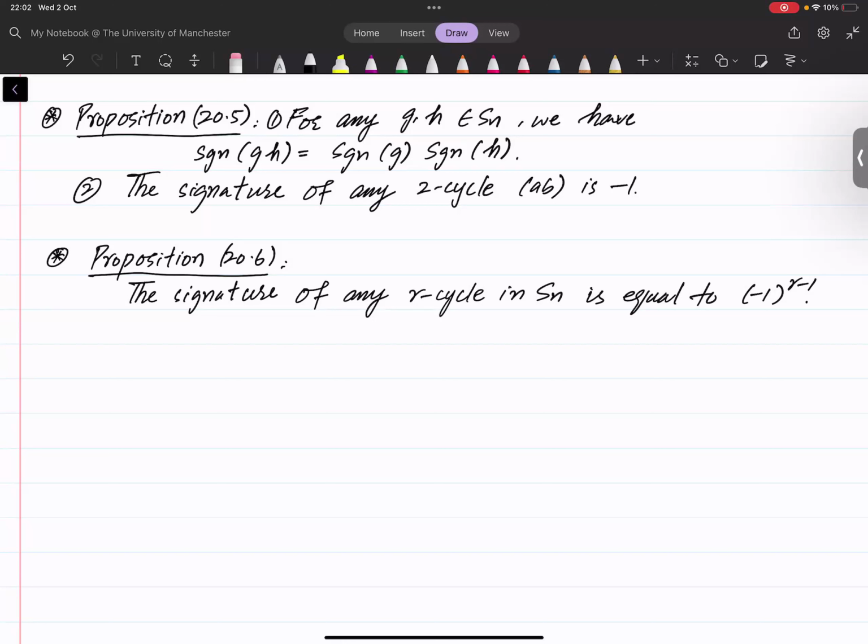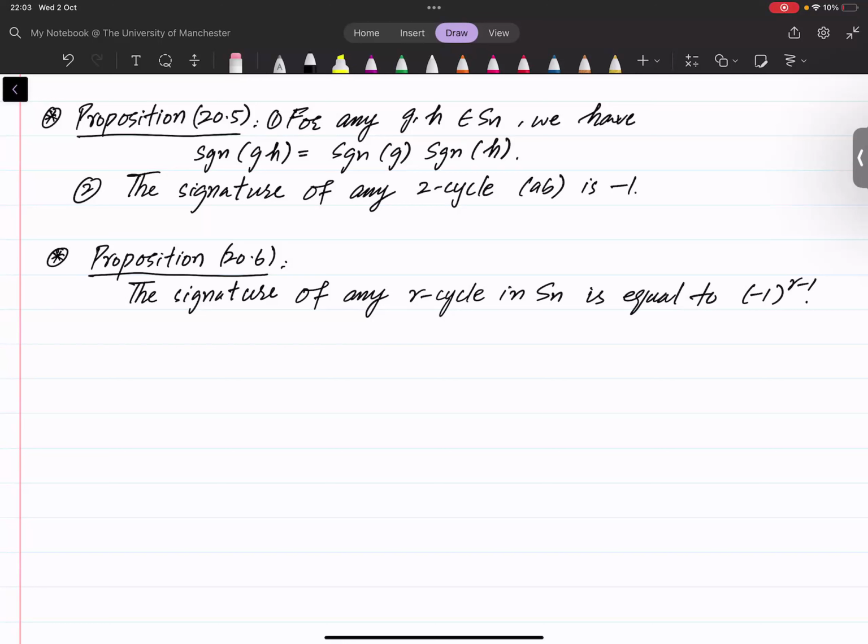So what you need to do is multiply the r-cycle as a product of disjoint two-cycles, and then to find the sign of an r-cycle, you just need to multiply the disjoint two-cycles and find out their sign.